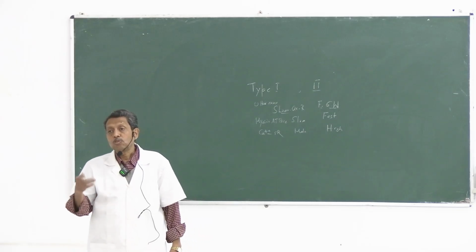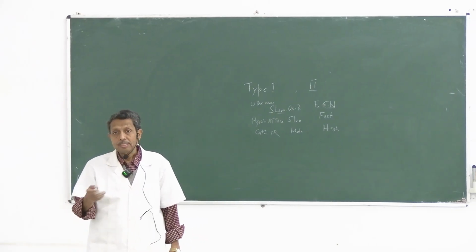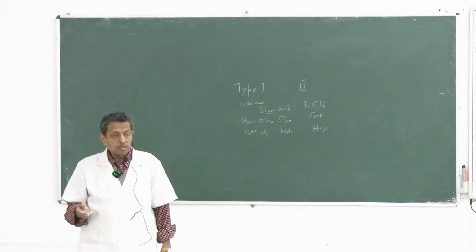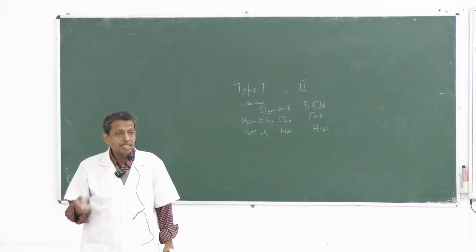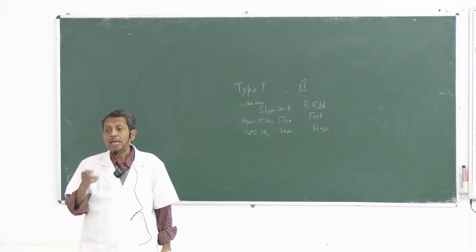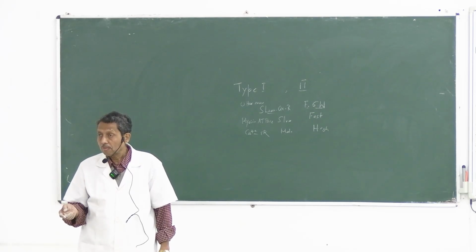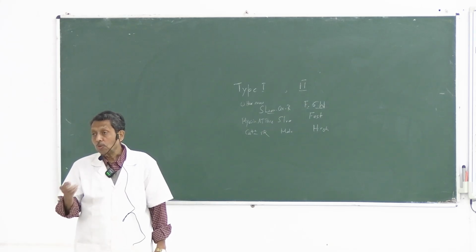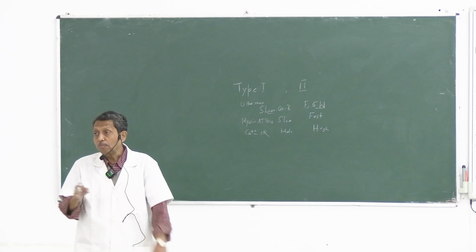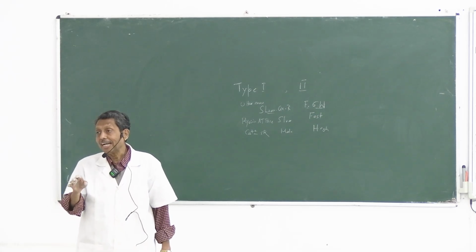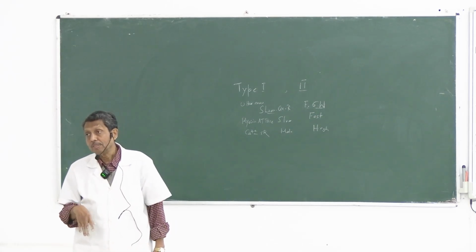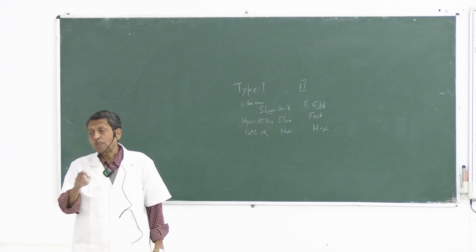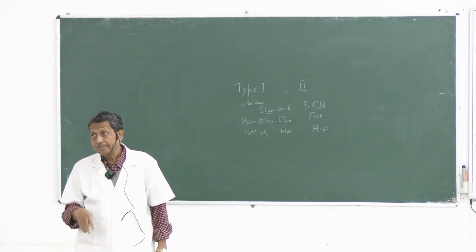Glycogen is quickly broken down to glucose, and the number of mitochondria is less, so there is glycolysis, and during glycolysis the energy is produced by the anaerobic pathway, and pyruvate is converted into lactate.